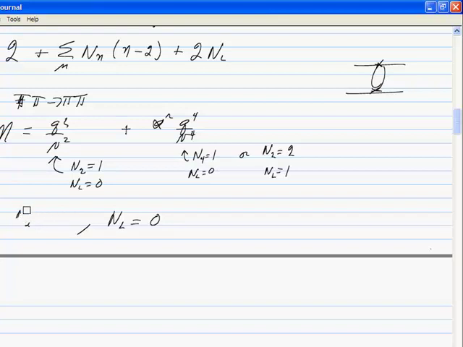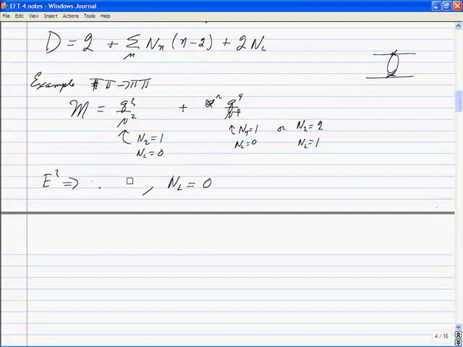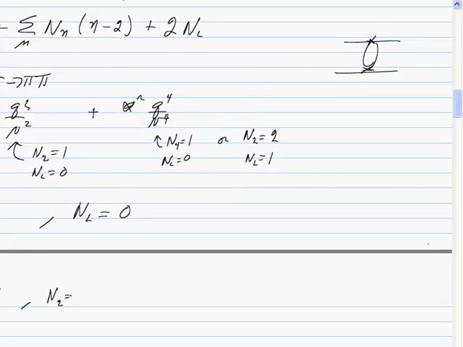Actually, if you use any number of 2 derivative Lagrangians, it doesn't matter. But you have to have N loops equal to 0. If you do E to the 4th, you can use N loops equal to 1, and N2 is equal to anything.